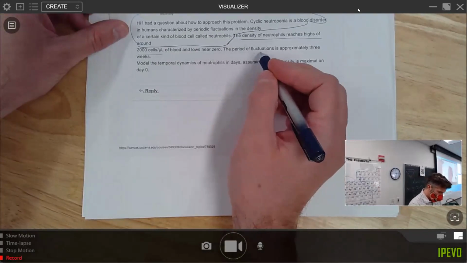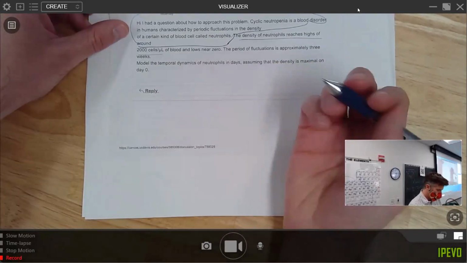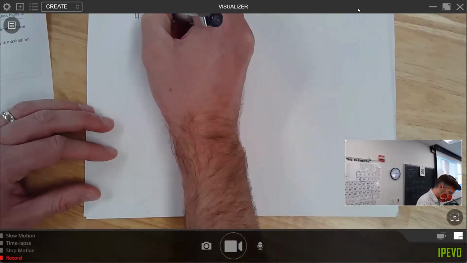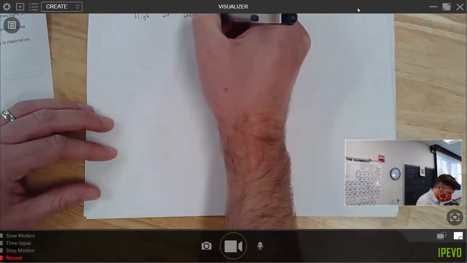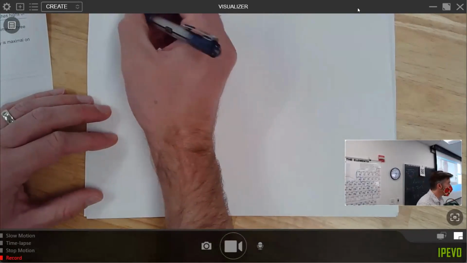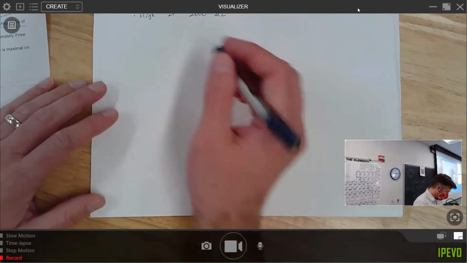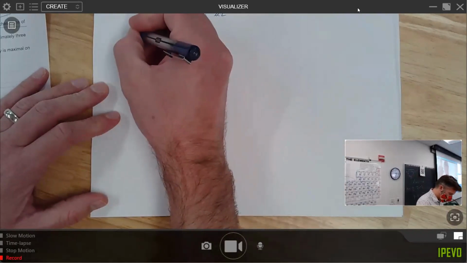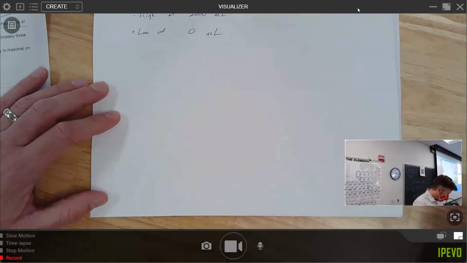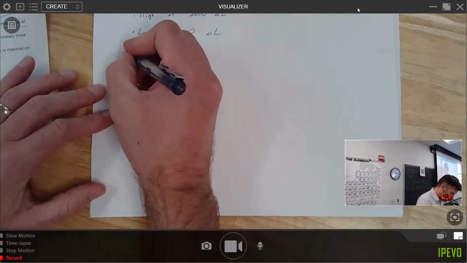The period of fluctuations is approximately 3 weeks. Okay, so we've got a high of 2,000 microliters. I think that's micro. Pretty sure. Yeah, it is. Good. And then we have a low of 0 approximately, and we have a period of.